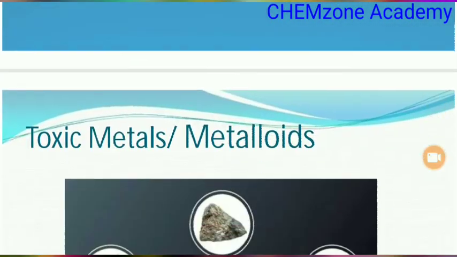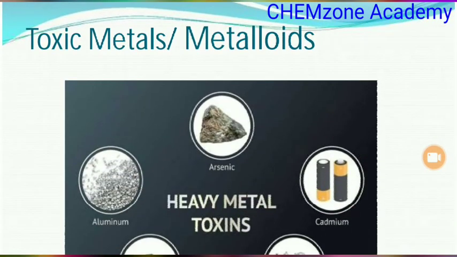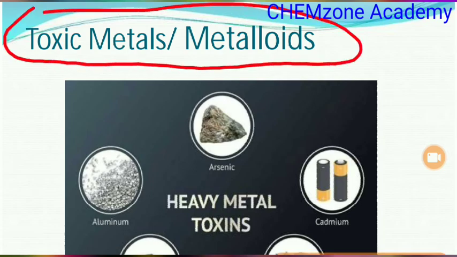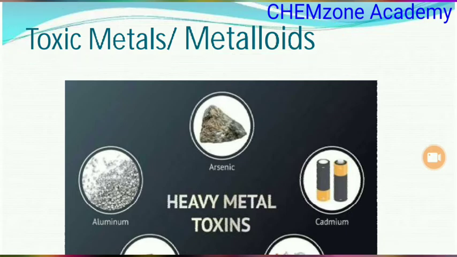So here we go. The first thing is the toxicity of metals and metalloids. Metals, you understand, are those that release their electrons in solutions. Metalloids show the features or properties of some metals and some non-metals.